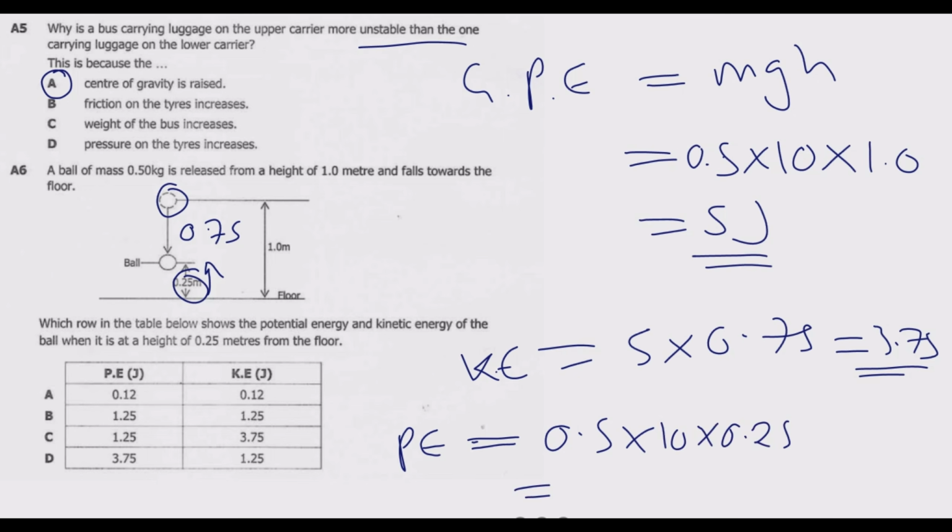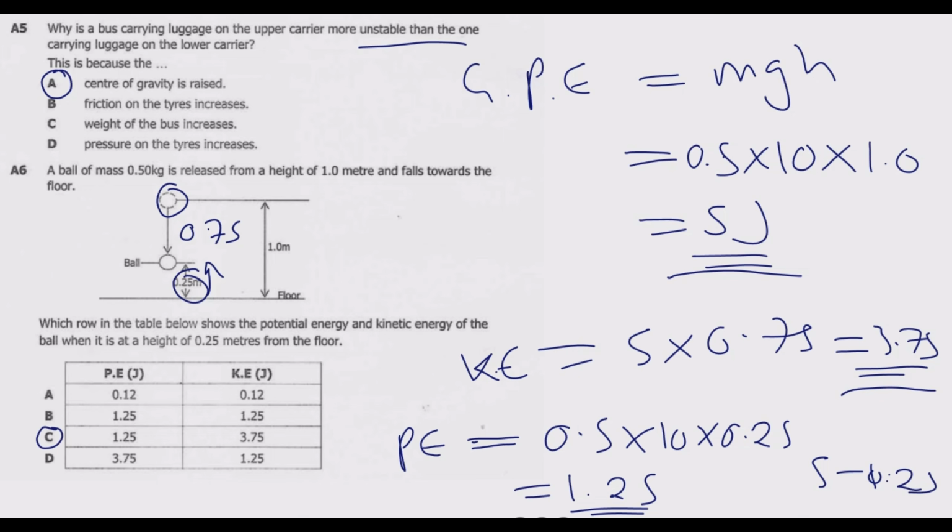If you multiply that, you end up with 1.25 as the potential energy remaining. Then the other part out of the 5 would have been converted, so it will be 5 minus 1.25, which gives you 3.75, the same as we found here. So what you notice here, C is the best answer.